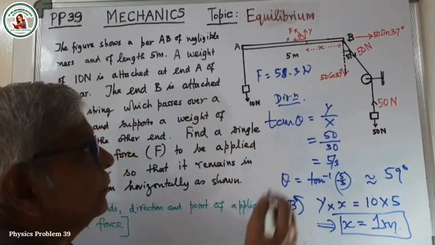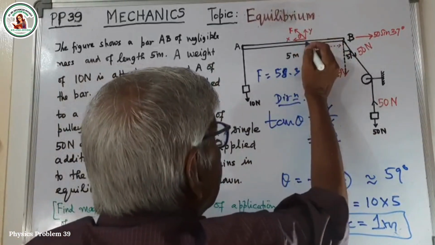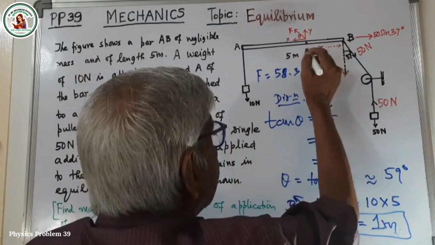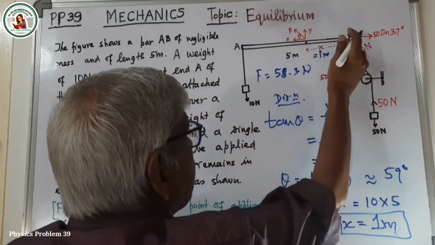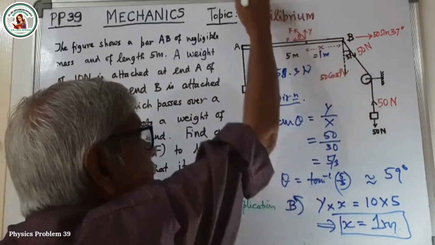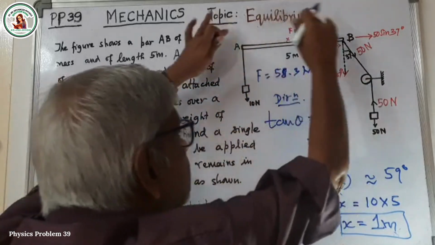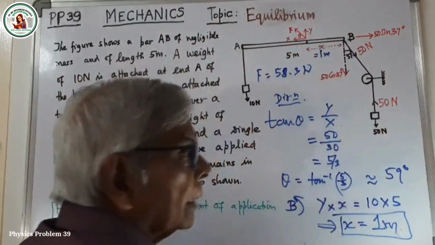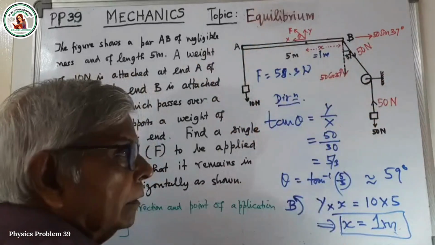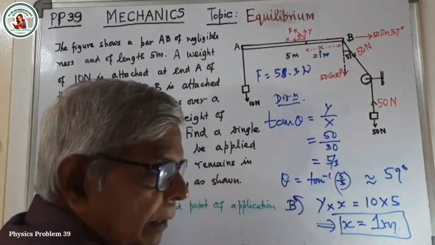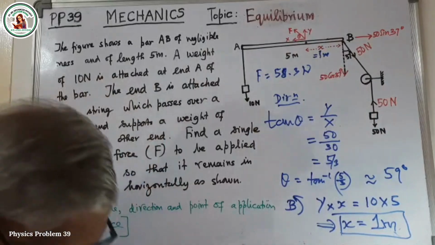If you apply this single force at the point x equal to 1 meter from B, in this direction, this bar will remain in equilibrium without rotation, without moving to the right or left or down. It will remain in equilibrium. So that is the idea of this.